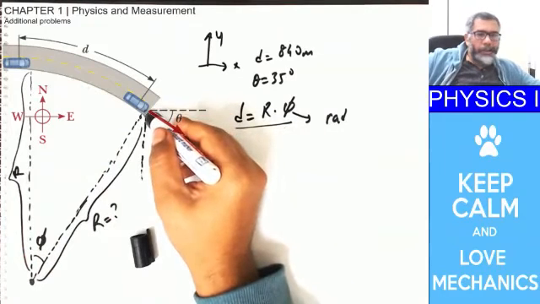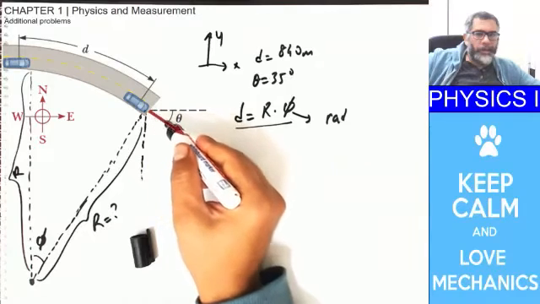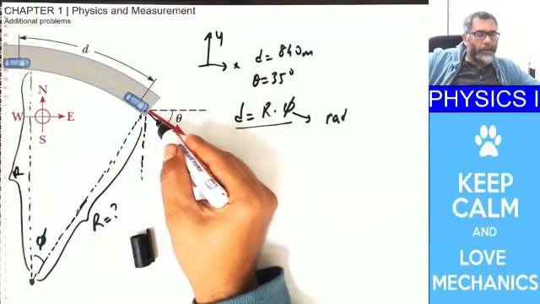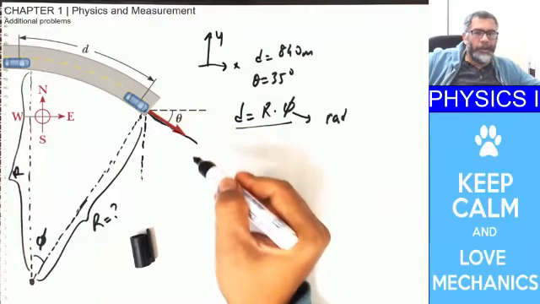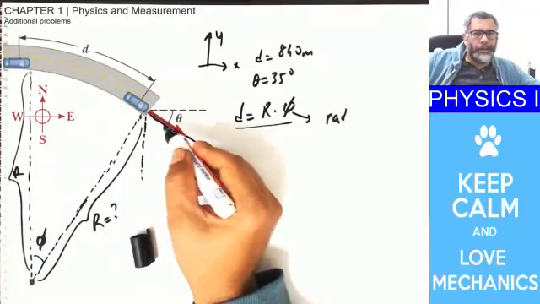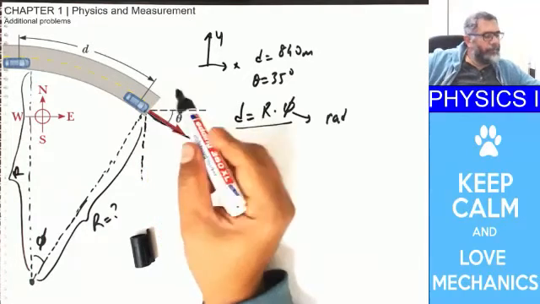And this red vector is just showing the direction of the car at this point, okay?